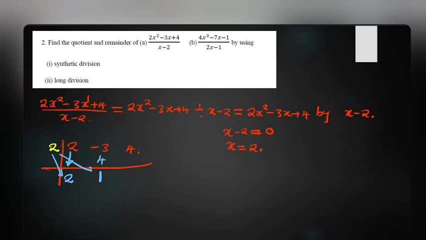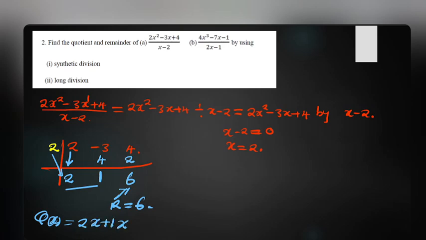Again, we multiply 2 times 1, which gives us 2. That 2, you put here. Now you add 4 plus 2, which gives us 6. So always the remainder is what we have last, which is 6. Then the quotient is whatever we have here without including the remainder. So it is 2 and 1, and in terms of the powers we start from the end, 0, 1.